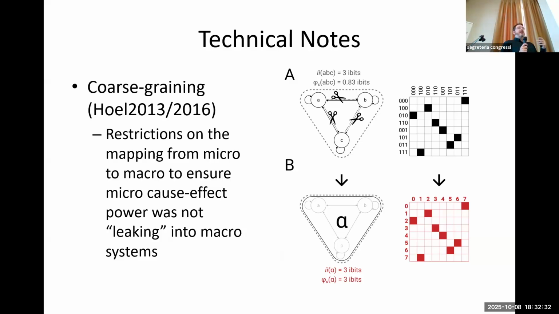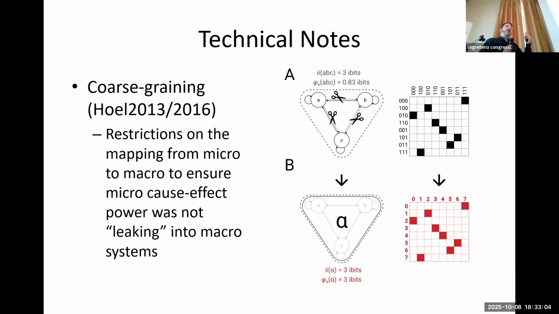The idea for coarse graining was that when you would map, let's say, 2 microstates, 1,0 and 0,1, you had to map them to the same macro state, because not doing so would be akin to going inside and using the micro identities to make the mapping, bringing micro level cause effect power, micro level information up to the macro grain. And so we had this restriction on how you could map the system to basically prevent that from happening.